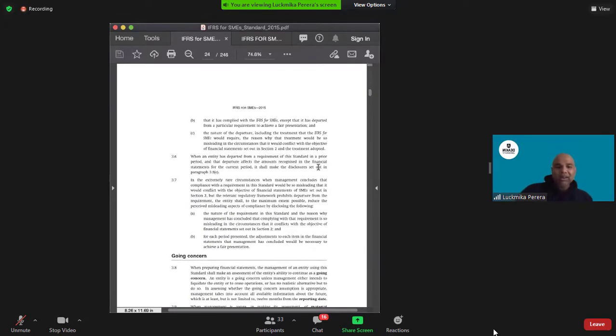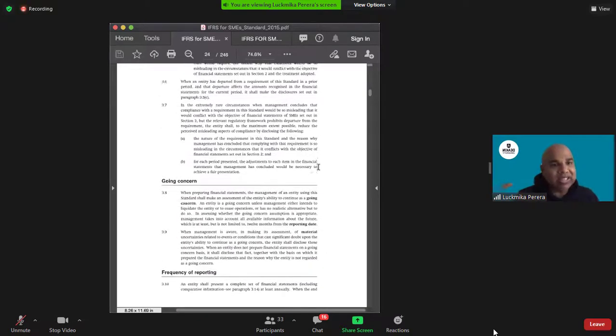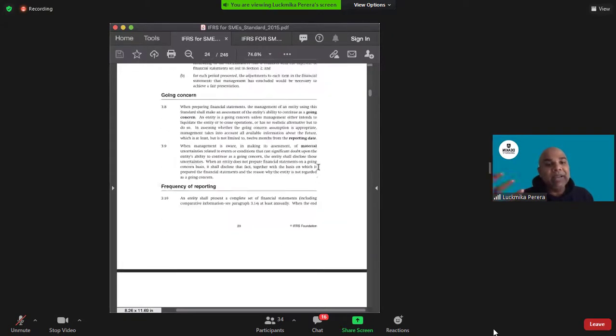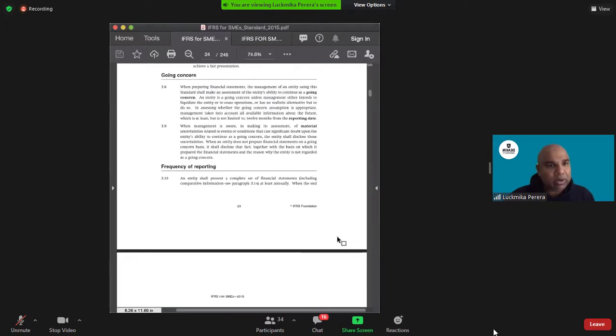One of the most important things to consider is what I call the going concern. The going concern is the viability of the organization to continue its existence in the short, medium, and long term. When management is aware, in making an assessment, of material uncertainty related to events or conditions, they need to take a very clear, conservative viewpoint.